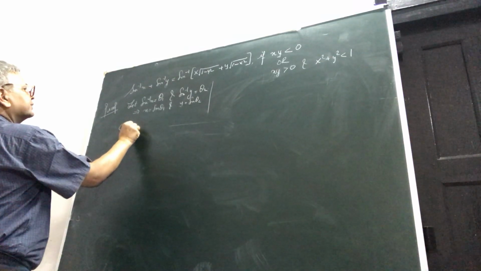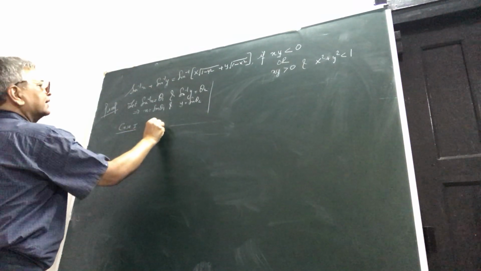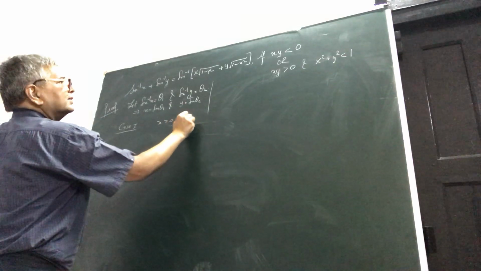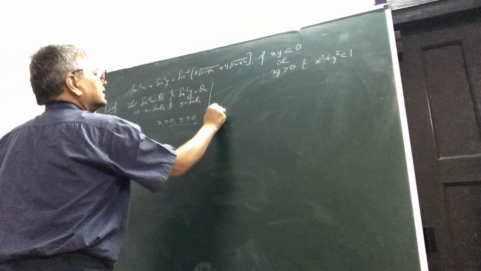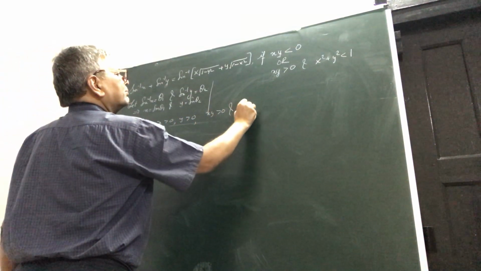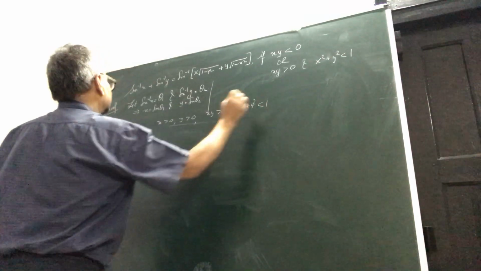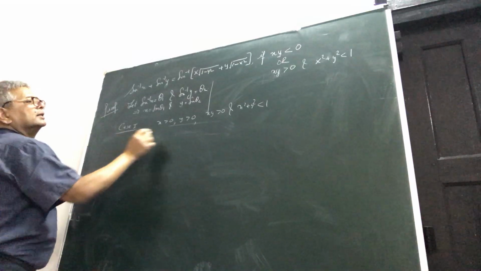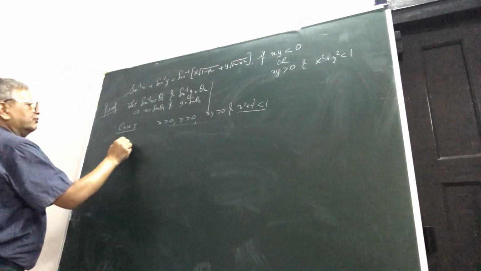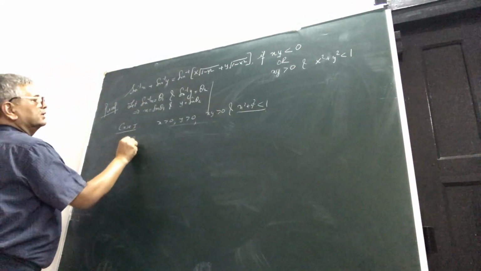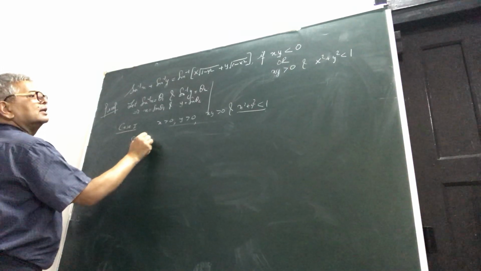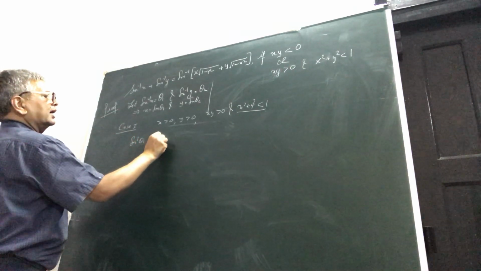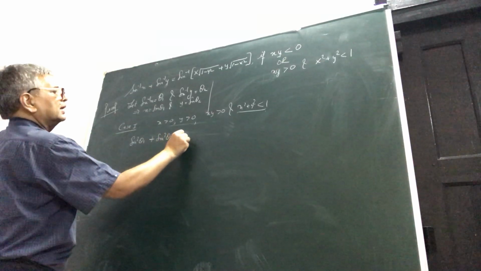Case first. What is this? X is greater than 0, y is greater than 0, xy is greater than 0, and x square plus y square is less than 1. Now, x square plus y square is less than 1 implies what? From here, see, what you can deduce is that sine square theta 1 plus sine square theta 2 is less than 1.